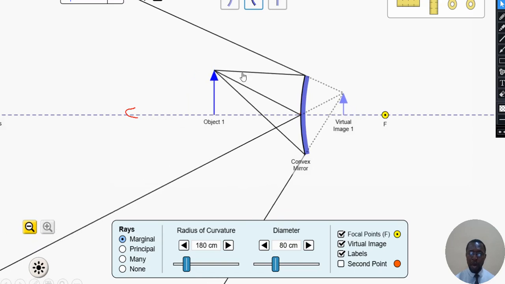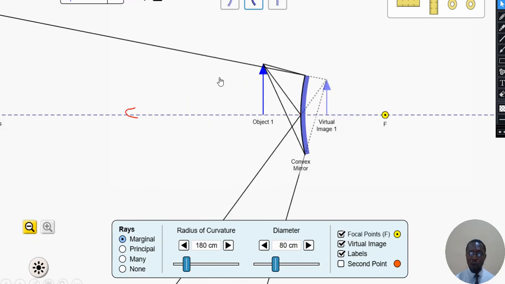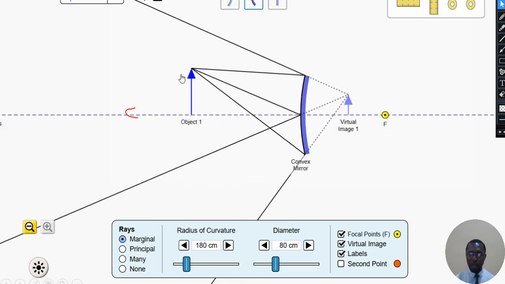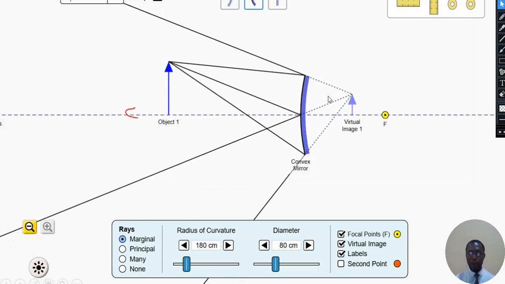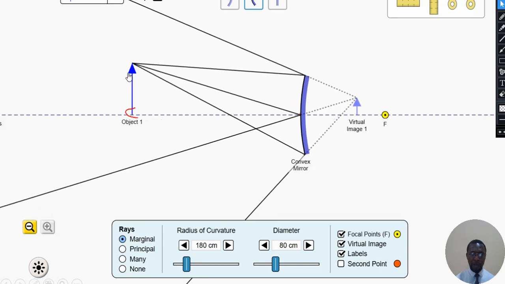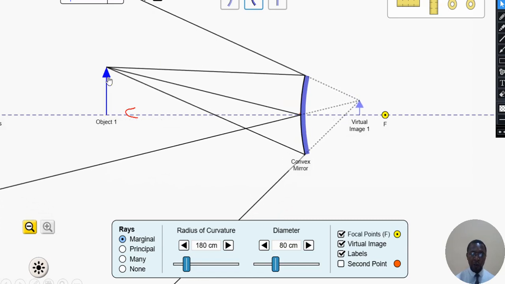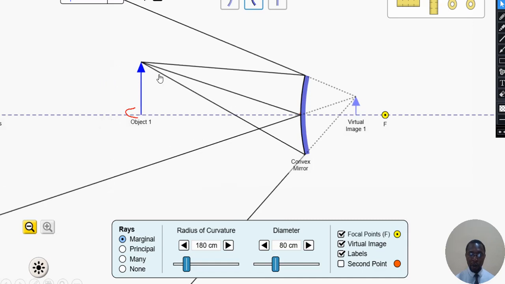That's one, and it's always smaller than the object. It's diminished. That's what we mean by smaller. So the image is smaller, or diminished. It's behind the mirror, meaning that it's virtual, and it's erect, meaning that it's not inverted. So no matter the position of the object, let's try experimenting. If you take it behind the center of curvature, it's still diminished, virtual, and erect.